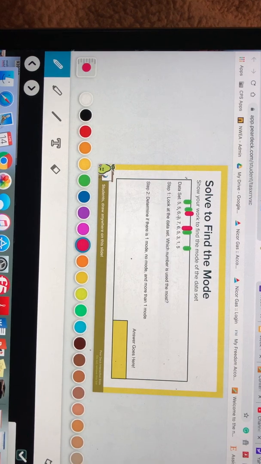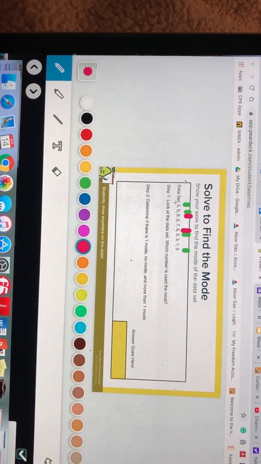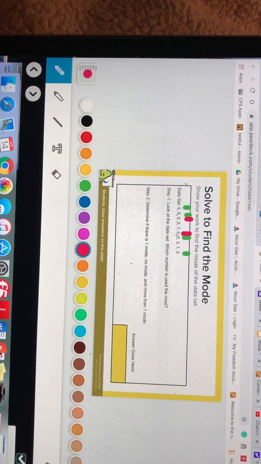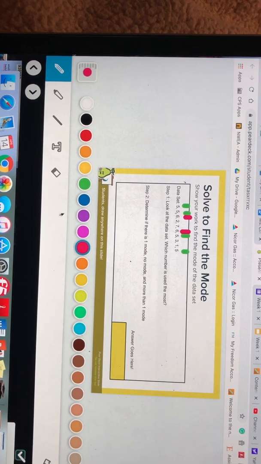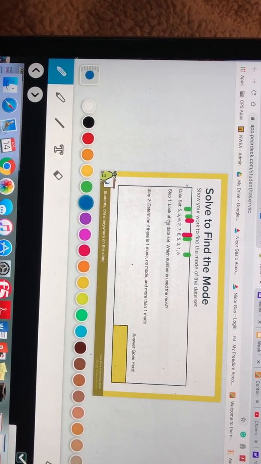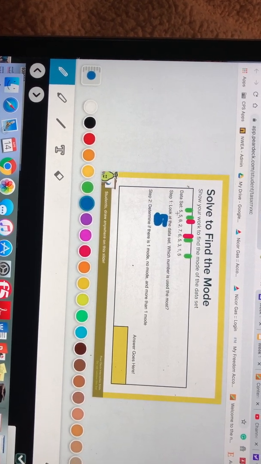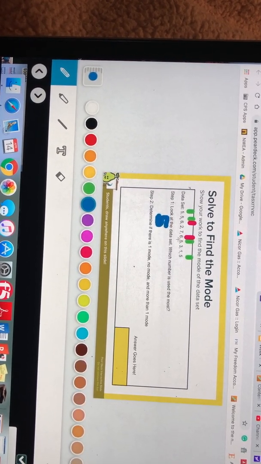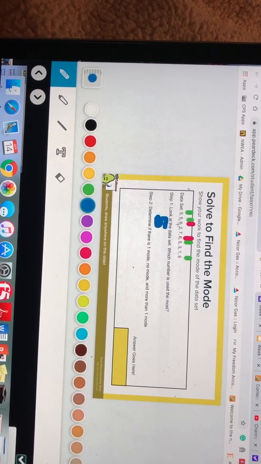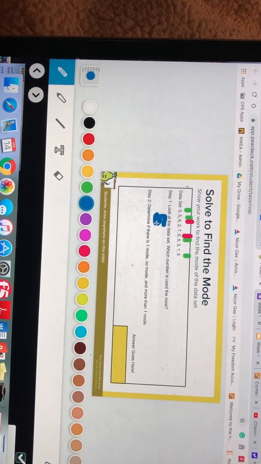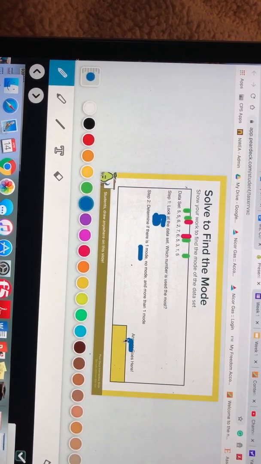Okay, so we have 2 numbers used more than once, but we have to look at what number is used the most. Okay, 5 is used 4 times, and 6 is used 2 times. So the number that is actually used the most is 5, okay? 6 is used less than 5, okay? If they were both used 4 times, then it would be 6 and 5, but because 5 is used the most, we only have one mode as our answer, and that is 5.